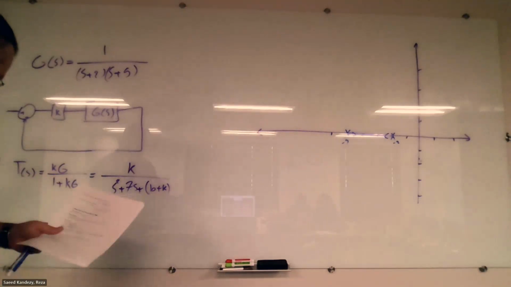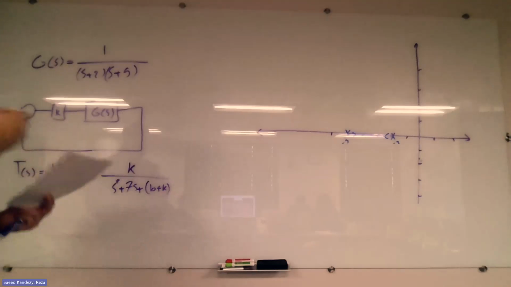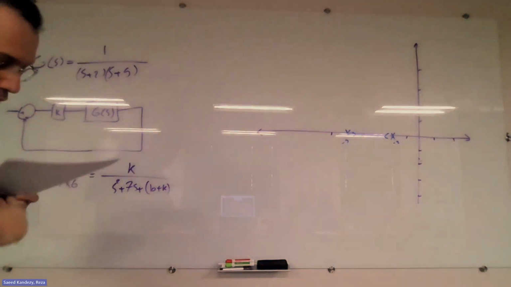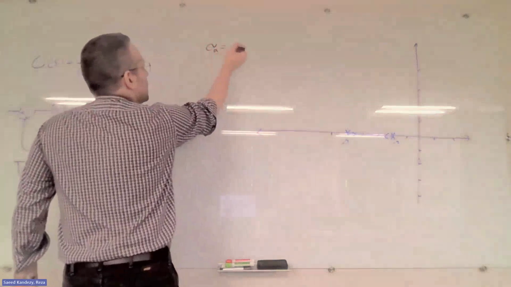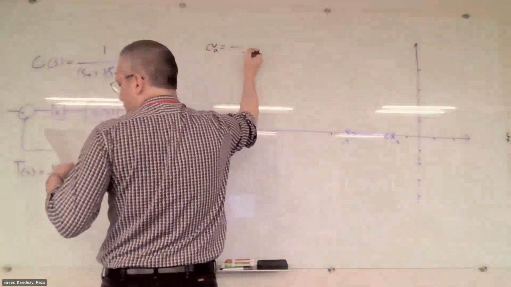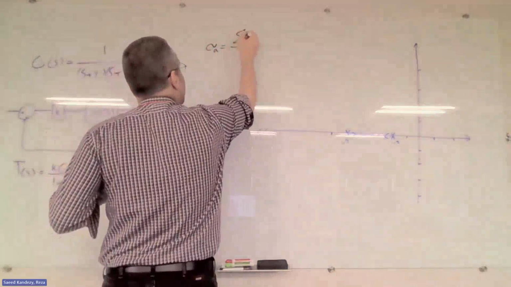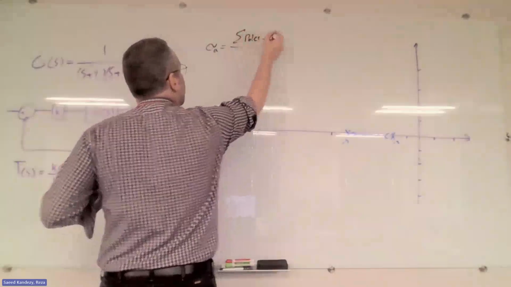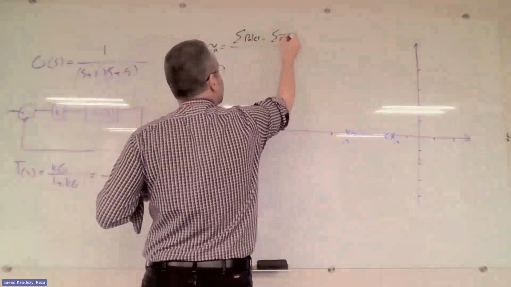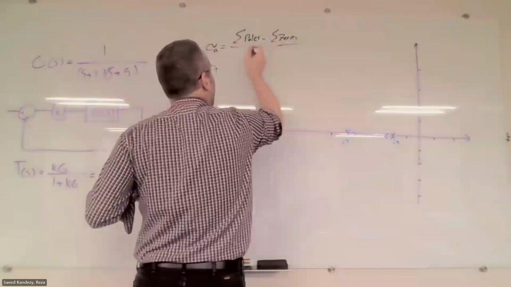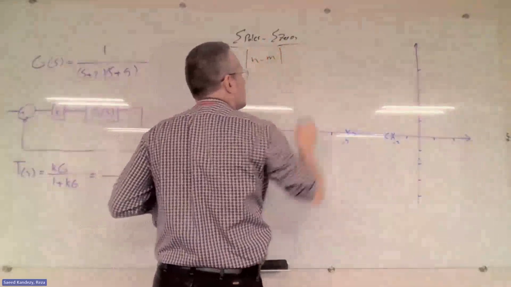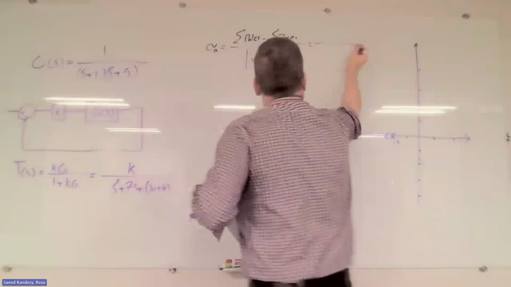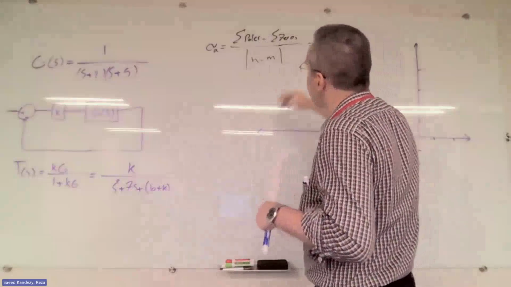Now, to find them, we had a formula that we said the intersection point is going to be the summation of the poles minus the summation of the zeros over the difference between the number of the poles and zeros. So in our case, the difference is 2.